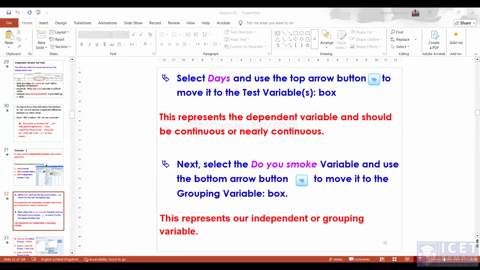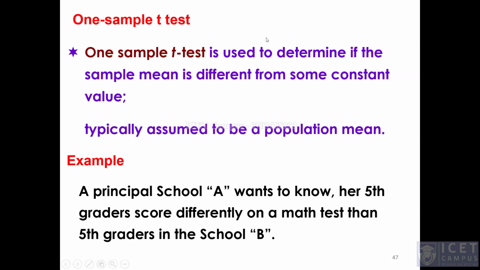A principal of school A wants to know whether her fifth graders score differently on the math test than the fifth graders in school B. The principal wants to compare the math marks of his own school with the math marks of another school, right? So we can find the mean math mark of each school.